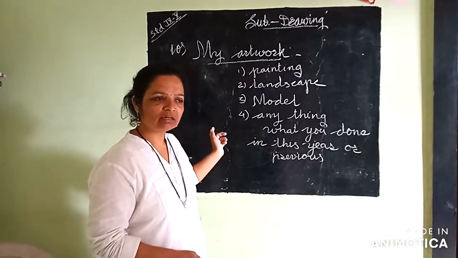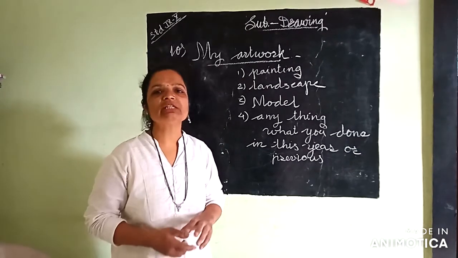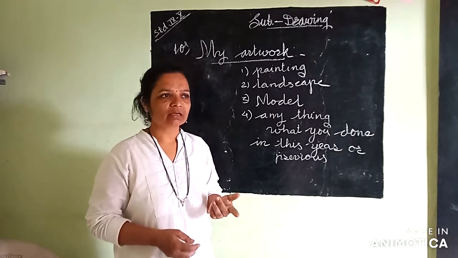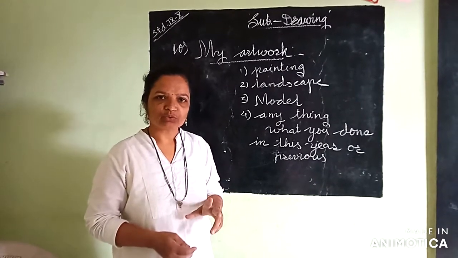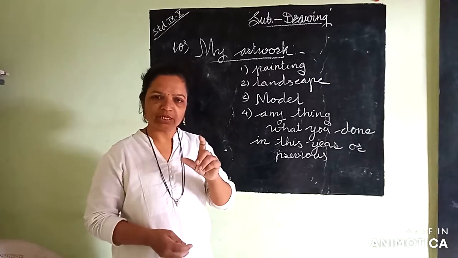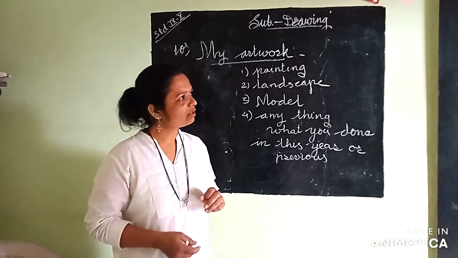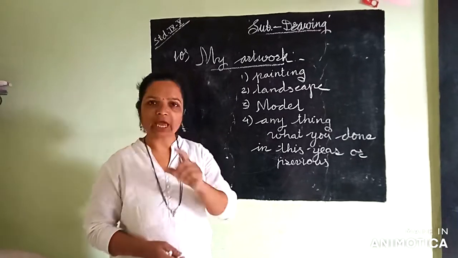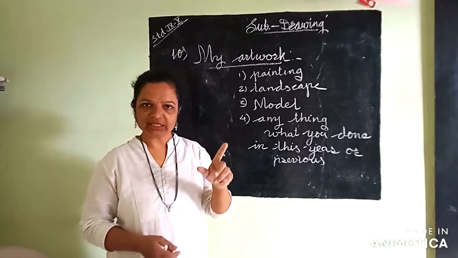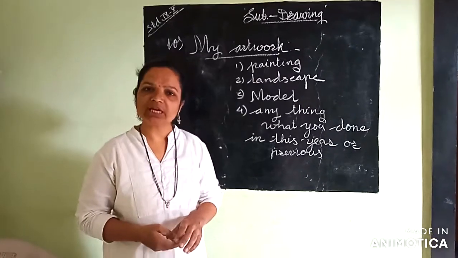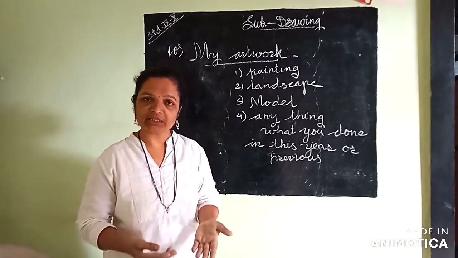Exactly clear? So we finished here today's period. In the next topic, I already told you about the pictures, then paintings, posters, and models, correct? We are talking about that and how to make them.